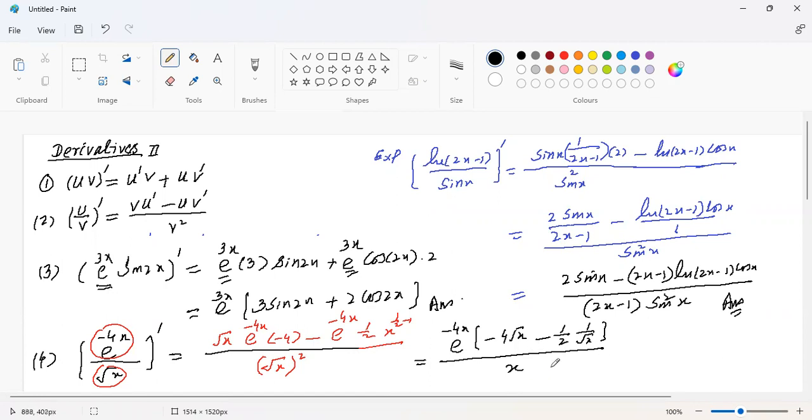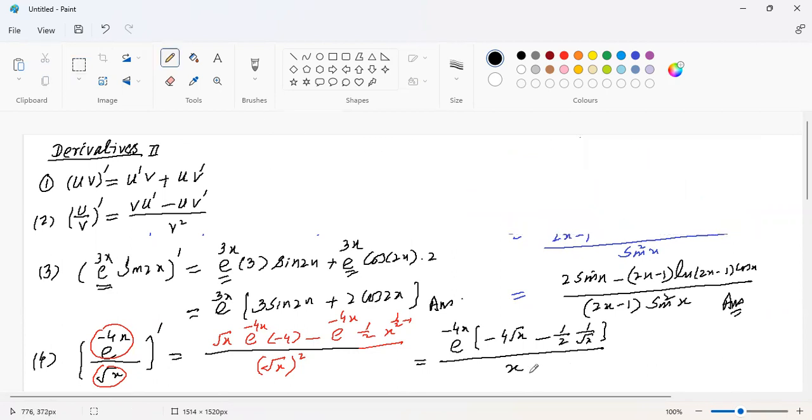That's it. Now, if you want to take the LCM of the terms inside the bracket, I'm completing this by removing this, I need this space for the further solution. So I'm writing e raised to the power minus 4x into, taking the LCM, its LCM will be 2 under root x. What is the LCM? 2 under root of x. And you know, this will multiply with this.